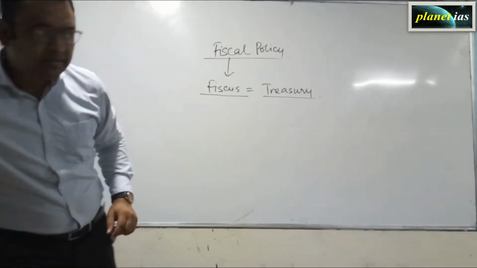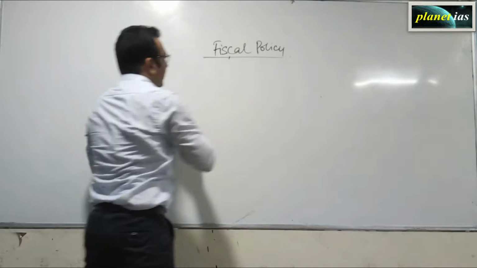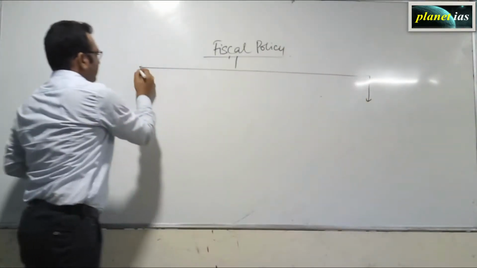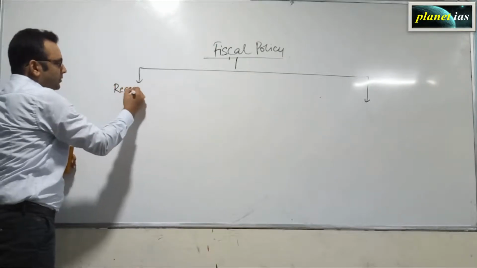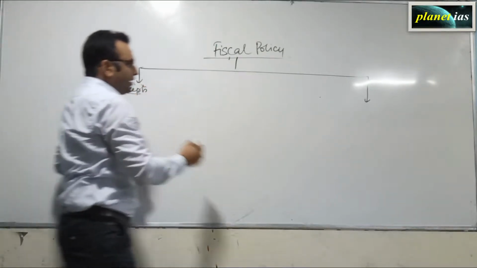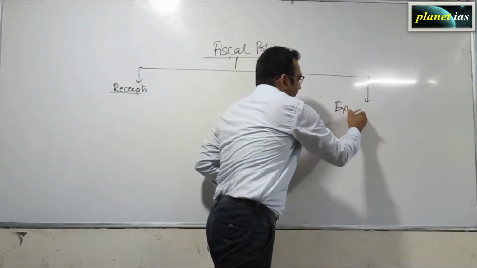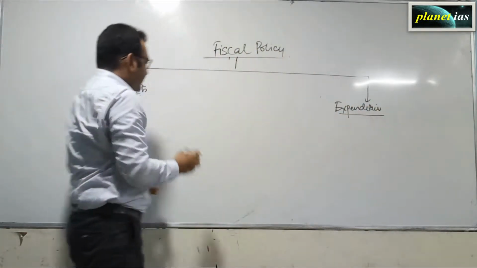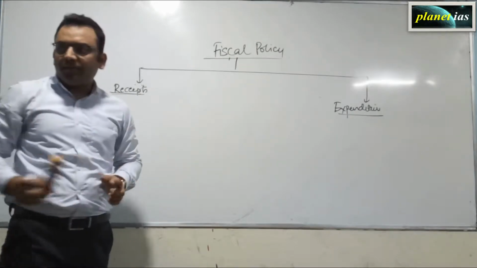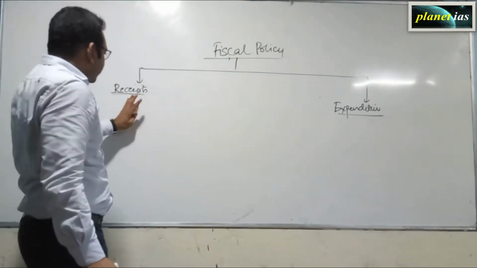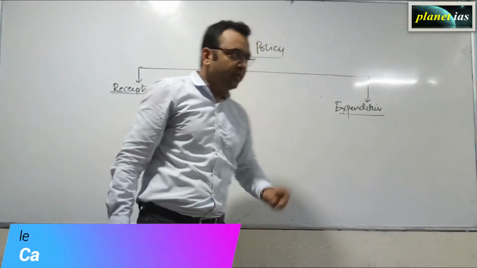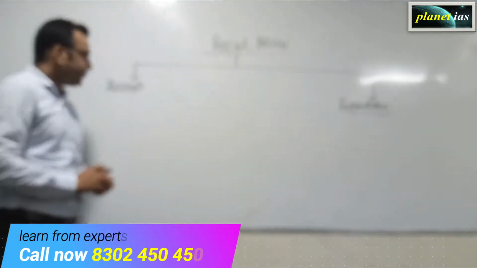One is the receipts and the other is the expenditure, right? So policy of the government with regard to treasury deals with the receipts of the government and the expenditure of the government, which is called the fiscal policy.